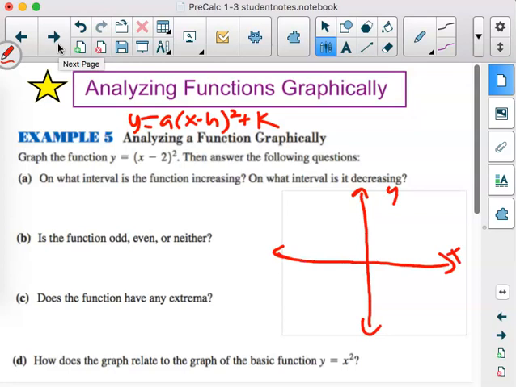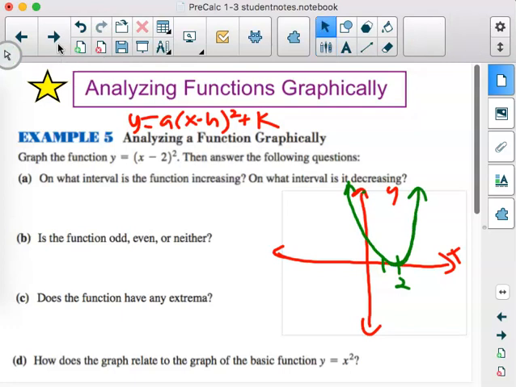So this is a parabola that has been moved 2 units to the right. Now, if I couldn't see that, if I just went blank for a second, I've still got a graphing calculator. But hopefully we can look at that and say, okay, yep, that makes perfect sense.